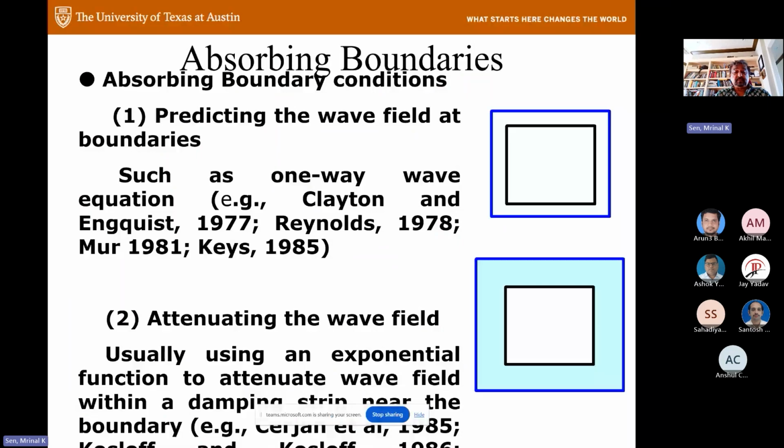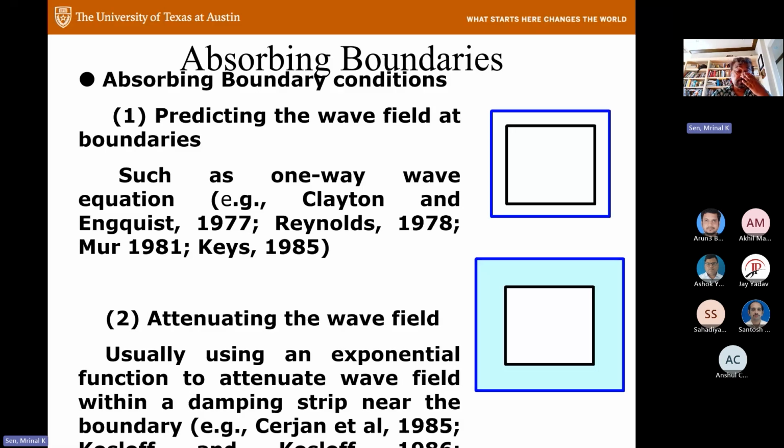Okay, so we talked about a couple of shortcomings with finite differences, in fact two. One was grid dispersion, another is stability. And there is one other important consideration that we have to make, and that is the edge reflections.